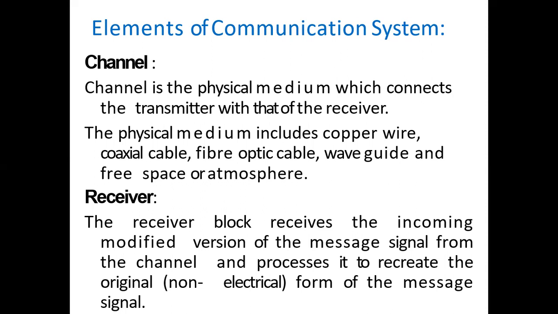As I said, in the transmitter we use a process like modulation; here in the receiver we use a process like demodulation. By using this demodulation process, we convert the signal again into our actual information. We will discuss modulation and demodulation in detail in our upcoming sessions.